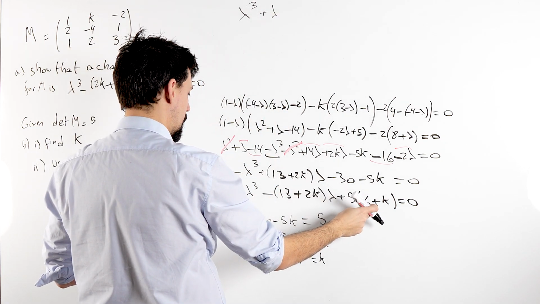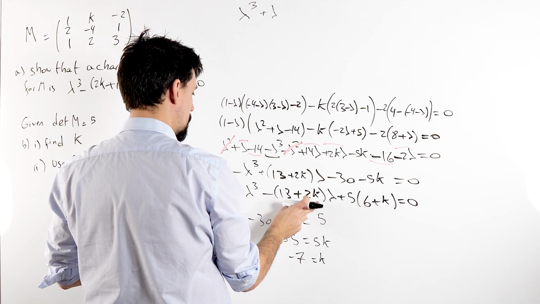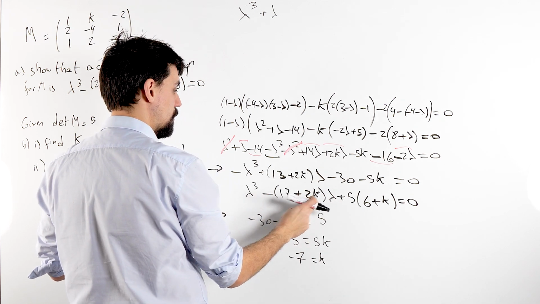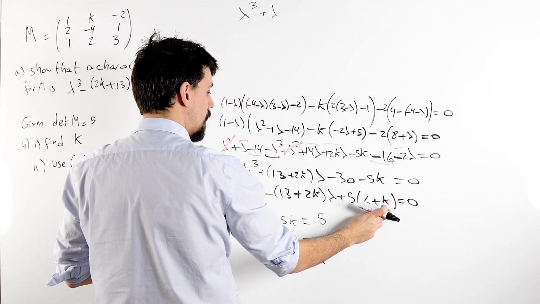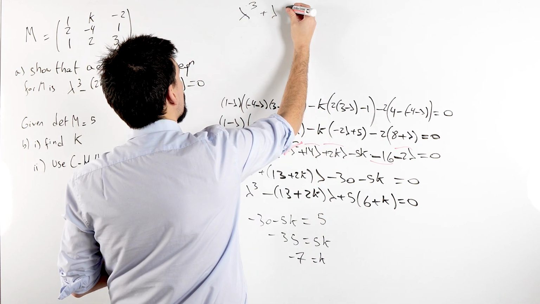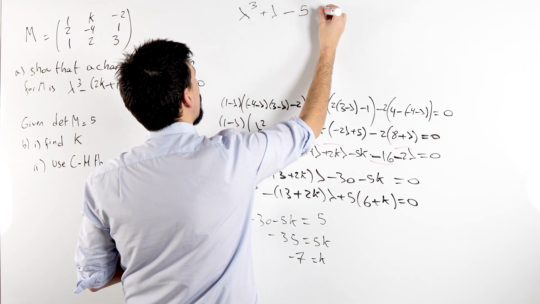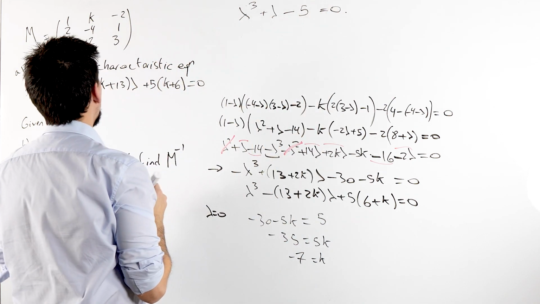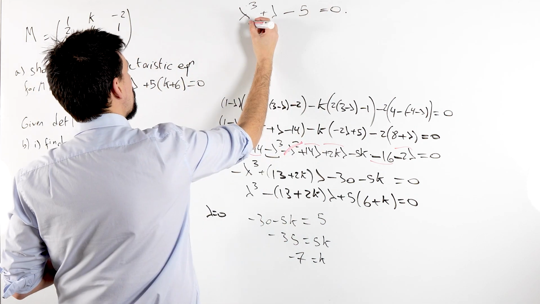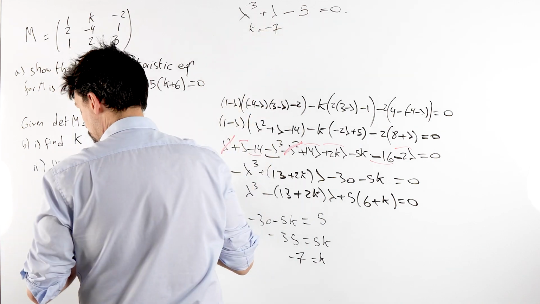Put in k is minus 7, minus 1 minus 5 is 0. That's very handy. And just remind ourselves k is minus 7.